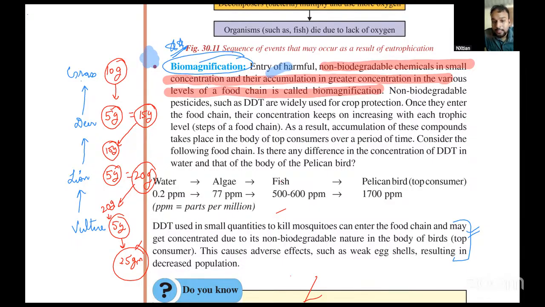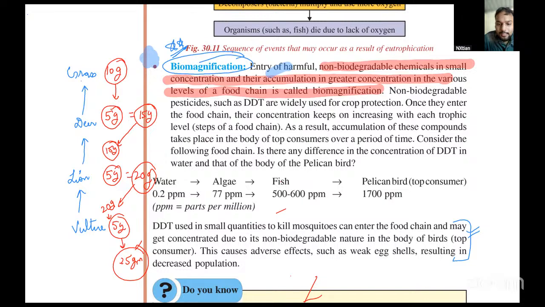I'm repeating again, they both are important for the food chain.